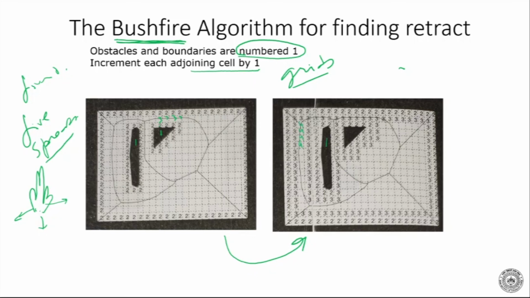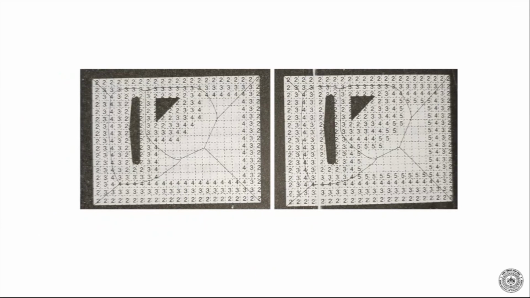Now if you see this kind of numbering, then automatically when you have covered the full grid, the highest numbers will correspond to in-between points. This is 4, 4, this is 5, 5, 5, 5. Now this is automatic. So between this object and this object, you see this is the deformation retract actually. That's automatic, isn't it?